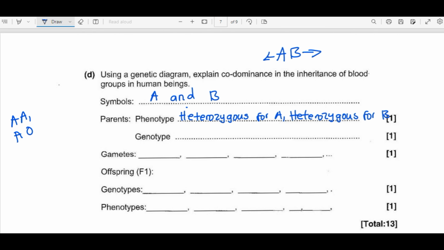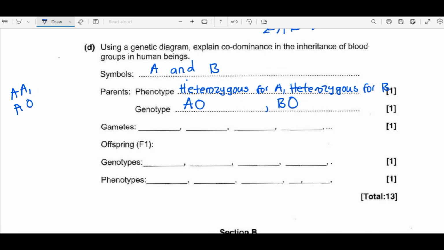Then genotype, for the male parent, since we are using heterozygous, we just say AO. This is the genotype. Then for the other one, we are going to use BO. Now we can see that there is a chance of producing AB. So gametes, one will be A, O, B, O. Then offspring F1.